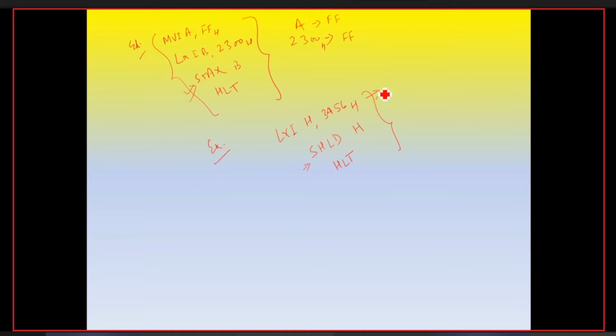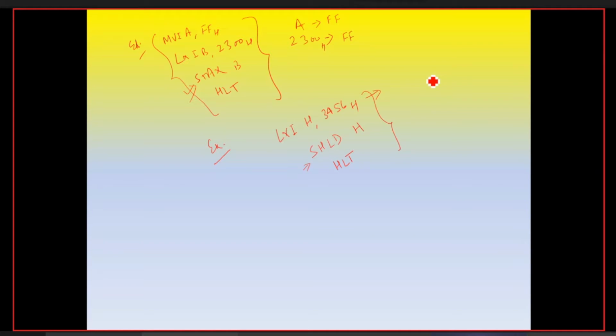Not clear. Repeat once again. The 34 will be copied to the memory address, and the content 56 will be copied to the previous memory address.